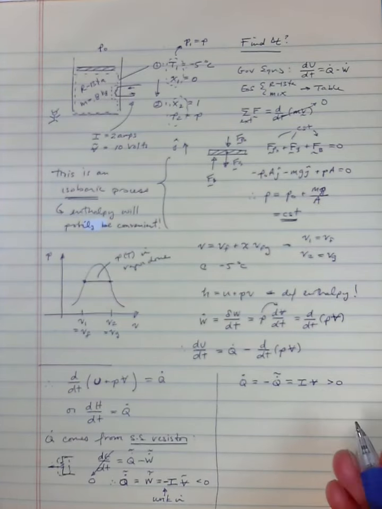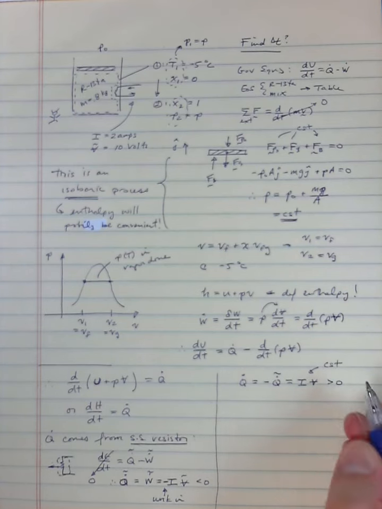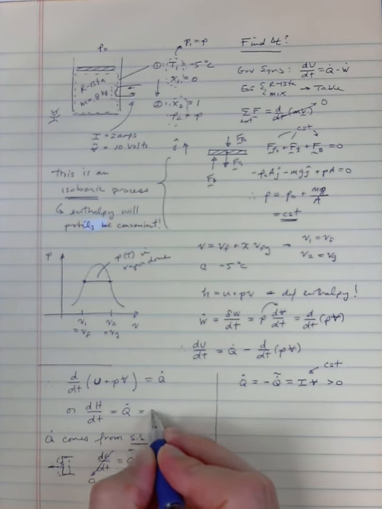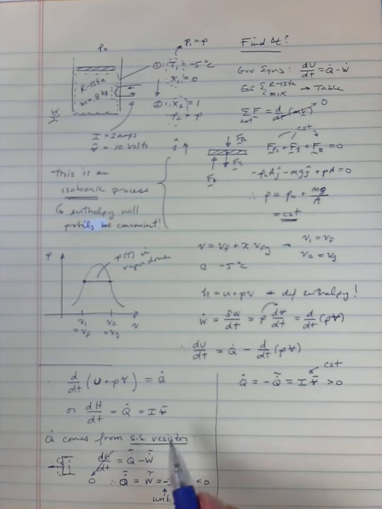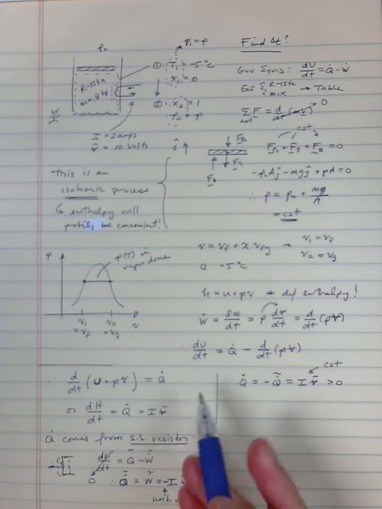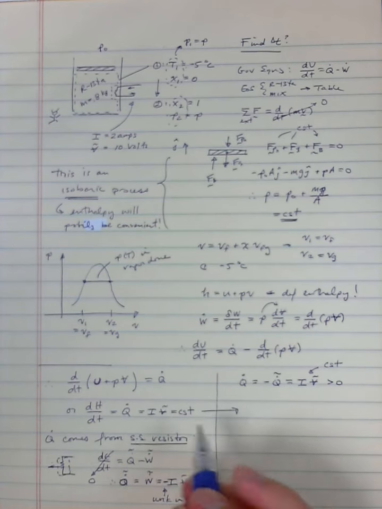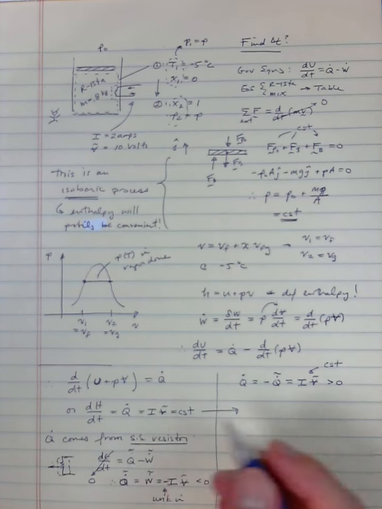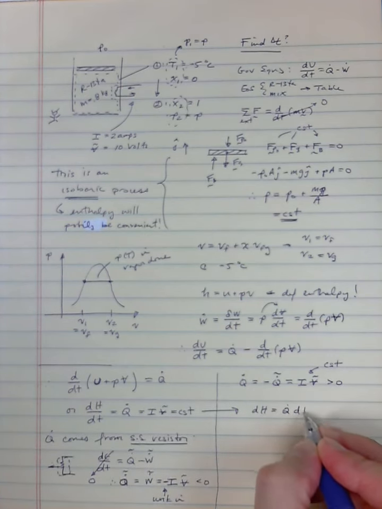And this is a constant, in fact. So in other words, right here, we've just shown that this is equal to I times V. Oh, V tilde, excuse me, not volume, but voltage. And this is a constant. So how can I integrate this? Well, integrating a constant is not difficult, right? This is a constant, so dH equals Q dot dt.